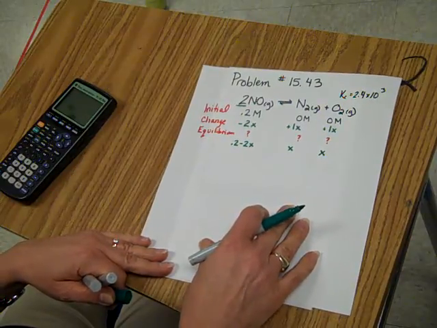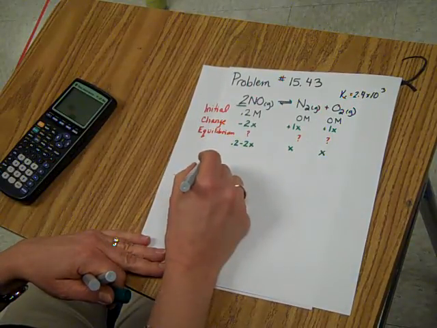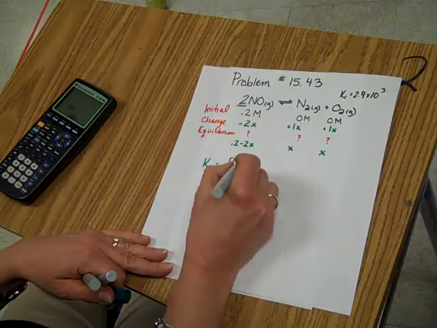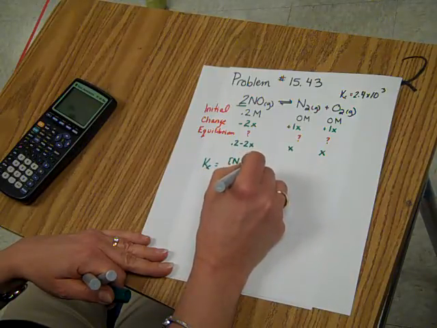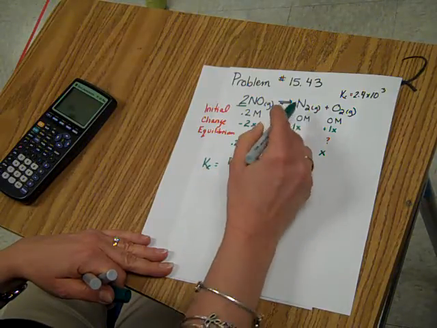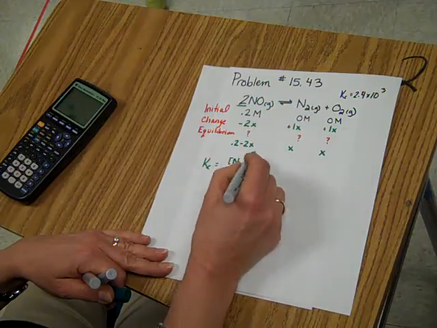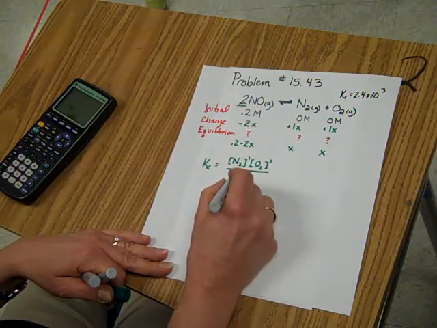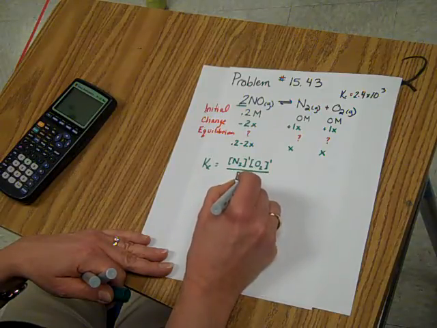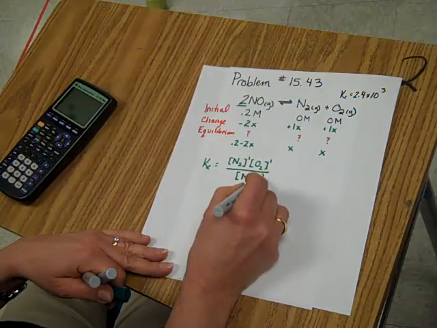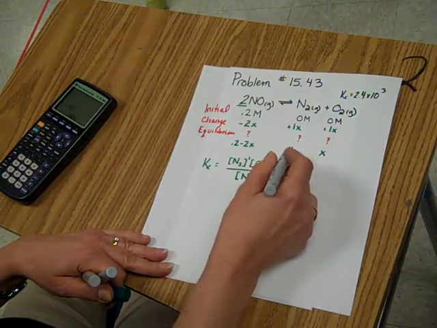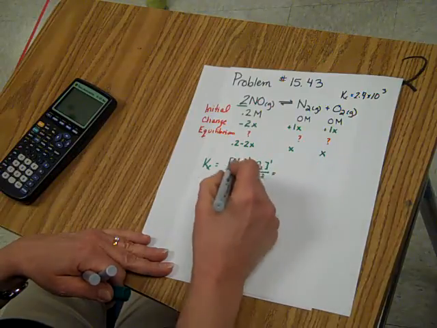Now, all we have to do is write our Kc expression. And remember, that is products over reactants, and you raise each chemical to its coefficient. Both of these have a coefficient of 1, so you can write a 1 or just leave it like it is. It's kind of an understood one. And over reactants, our NO, and we are going to square that. We're now going to plug in our x expressions.